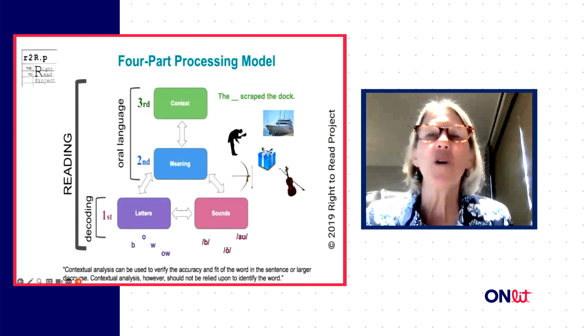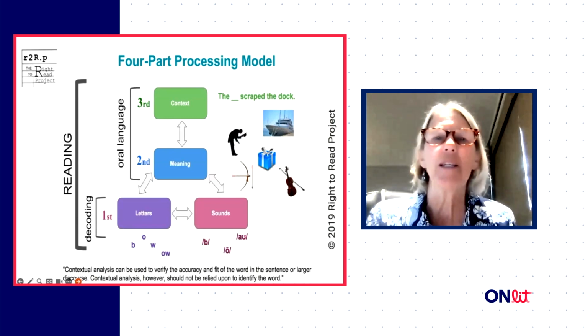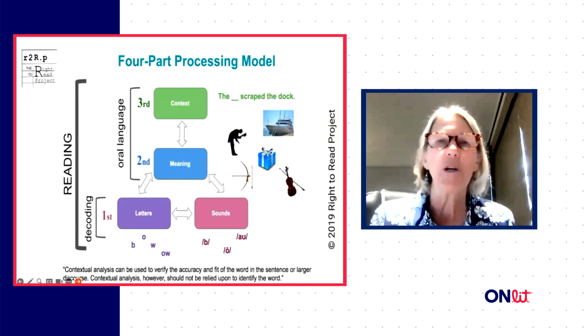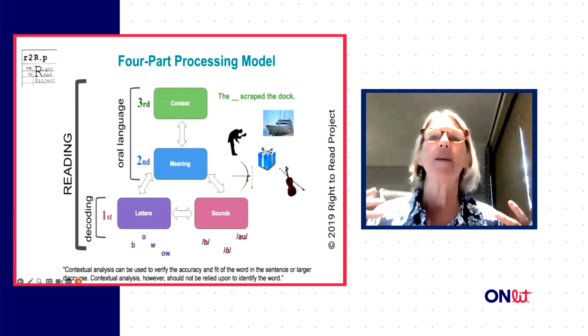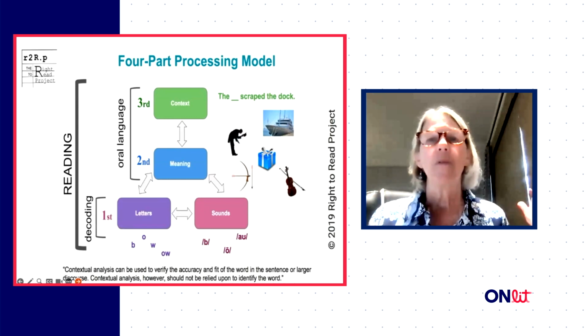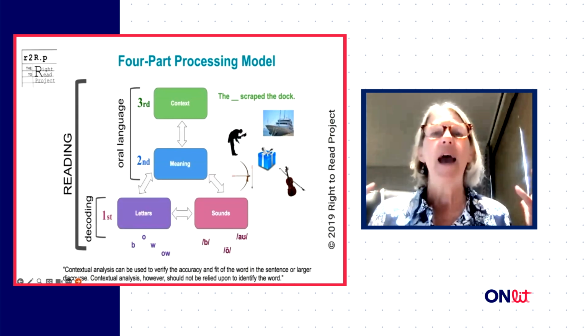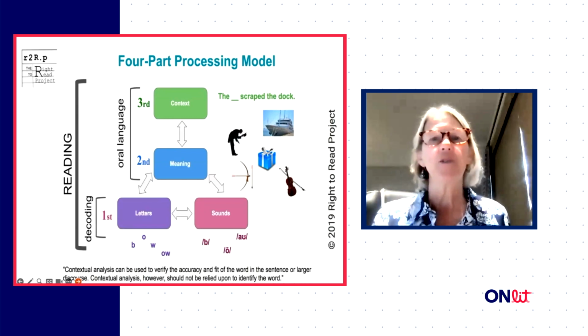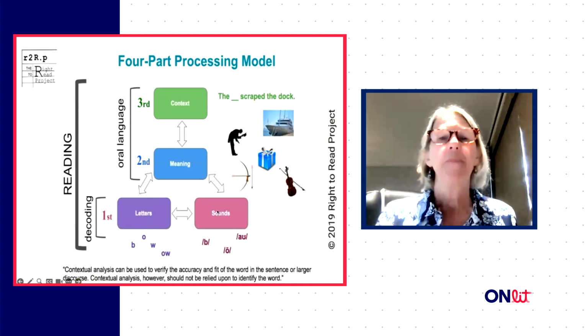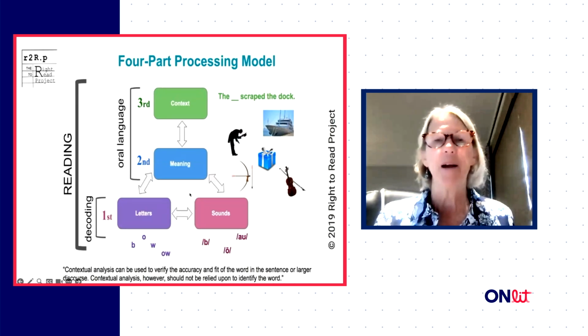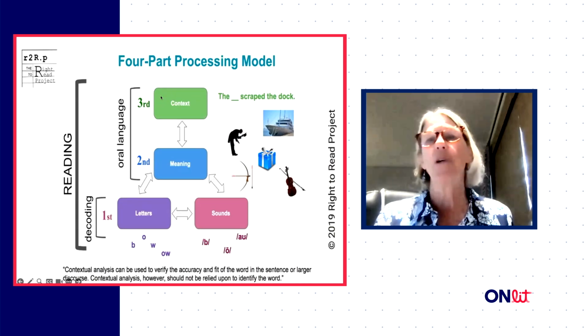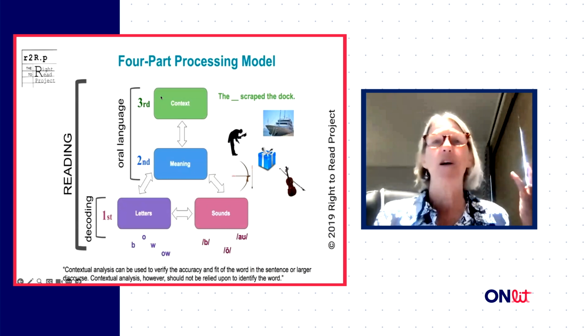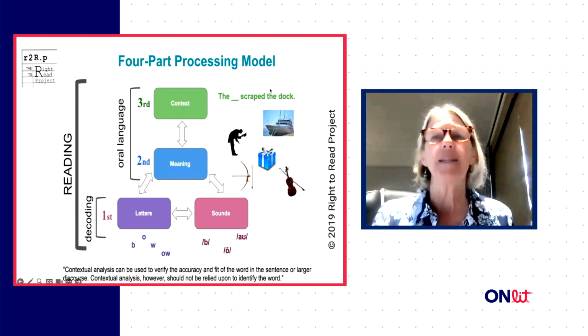I imagine that you all have seen and heard about, or at least many of you, the 4-part processing model. If you haven't, it's a really important model to show that when we read, we are simultaneously activating the phonological processor, which are the sounds, the orthographic processor, which are the letters, the semantic processor, which is the meaning, and the context processor, or you could think about it as being syntactic processor, which is the sentence, right?